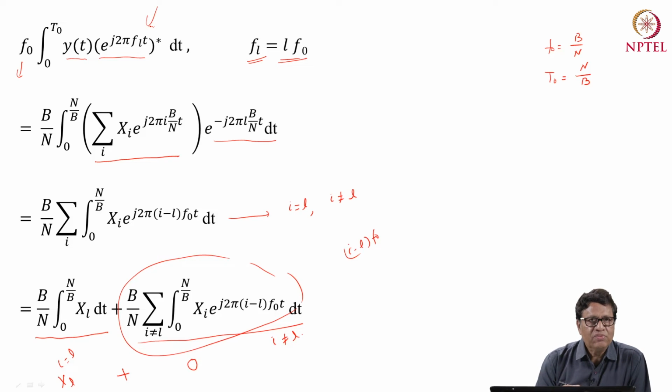Same thing I can do for other subcarriers, f1, f2, f3 and up to fn. So I can basically demodulate all the data on those subcarriers by doing this simple coherent demodulation.